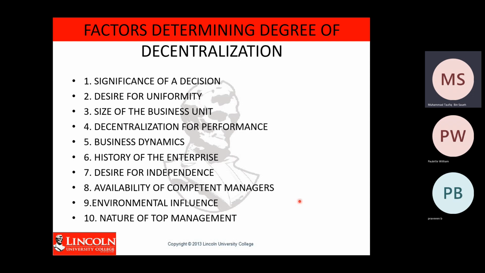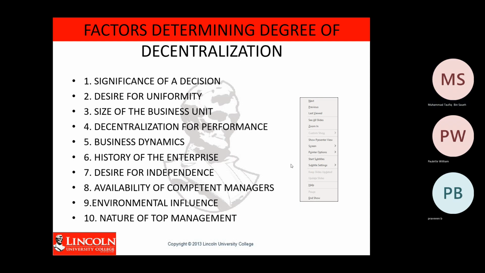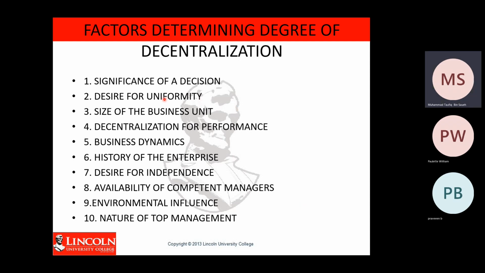Once you give your employees the authority to make their own decisions, most of the time their decisions will be different from others' decisions, because we have to understand that people's upbringing is different. For example, here in Malaysia we have three main races: Malay, Chinese, and Indian, and we also have many more races.